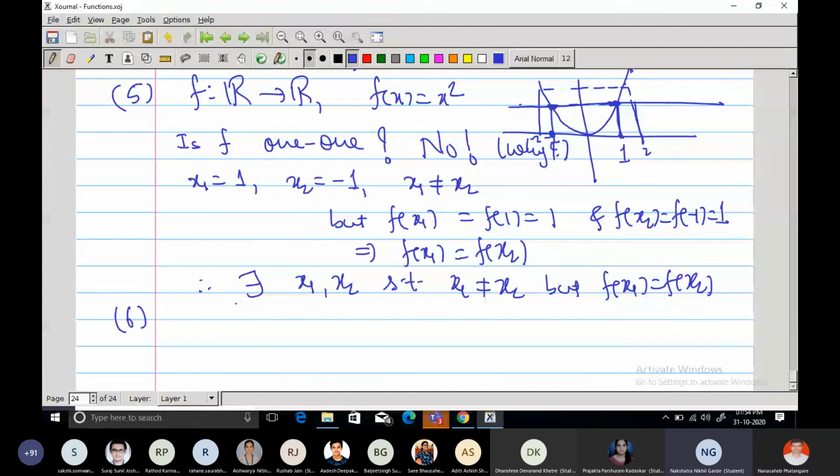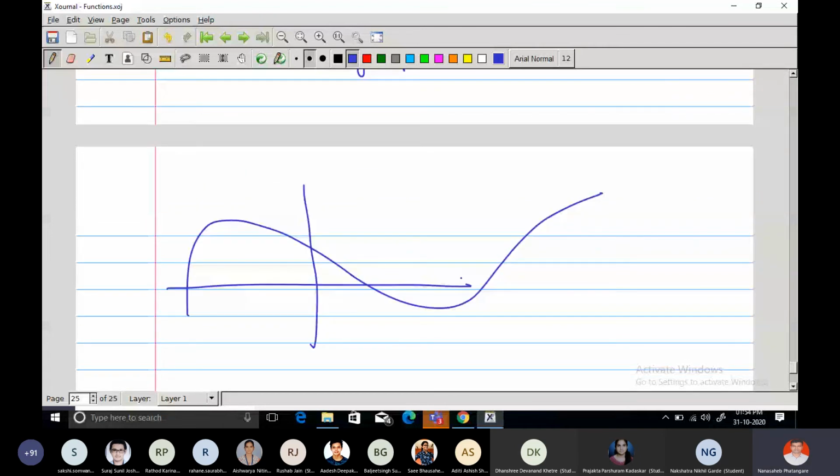Suppose I look at a graph of some function. Is it a graph of a function?